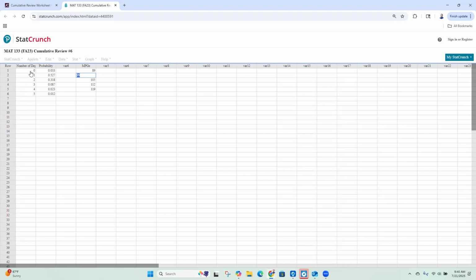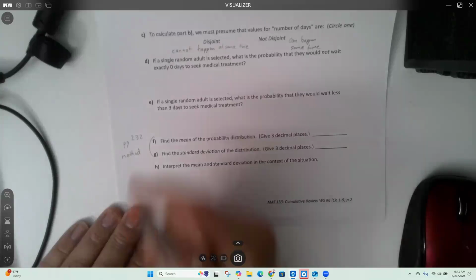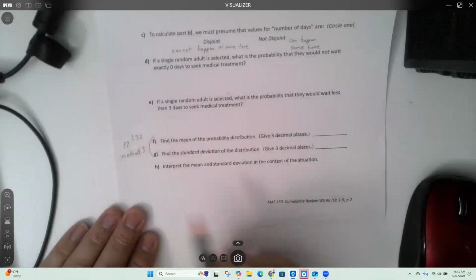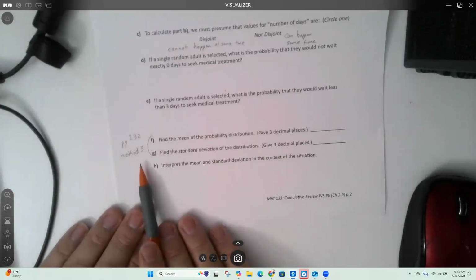They don't look like classes, but you can think of this as 0 to 0.9, 1 to 1.9, right? So you have your groups, your bins, but instead of having frequencies tied to those, you have probabilities. In that case, we're going to be doing method three, so that's page 232, method three.